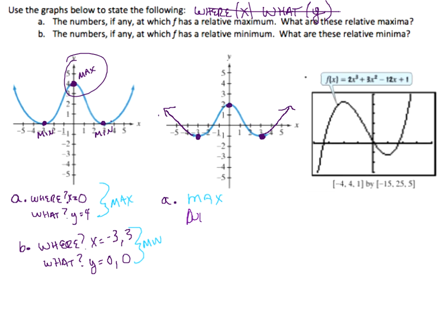In this particular graph, we have one maximum. It is happening at x equals 0. What is the maximum? It's 2.